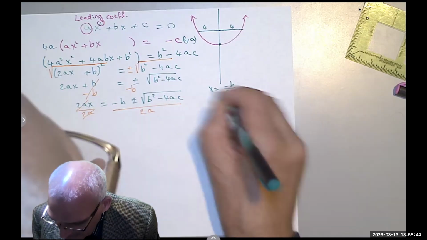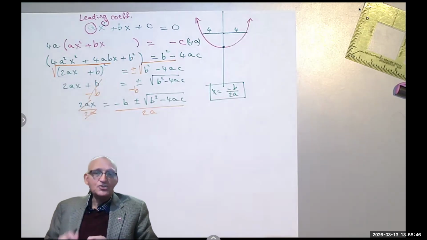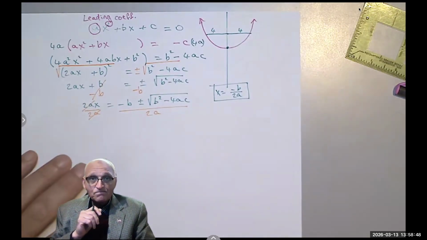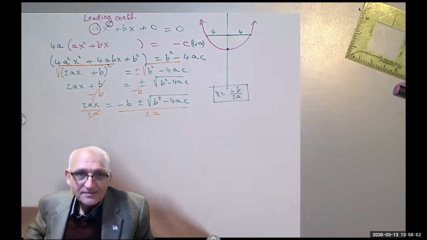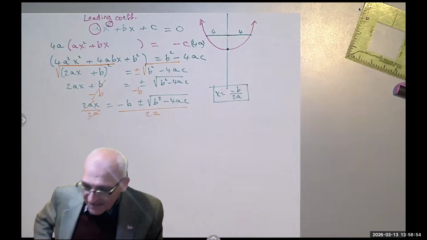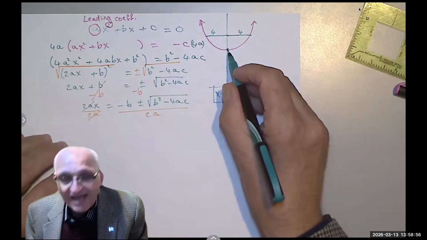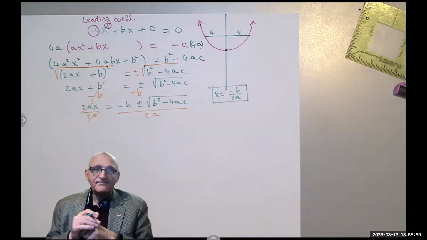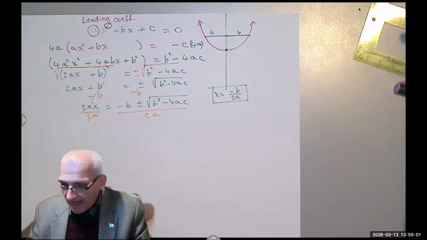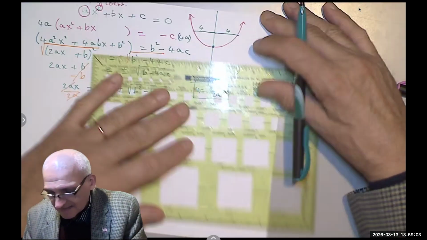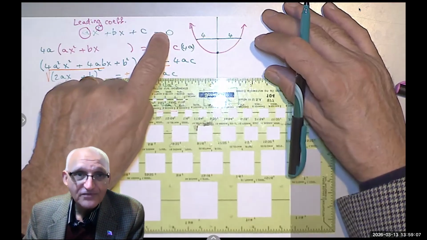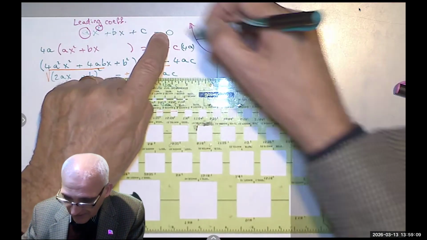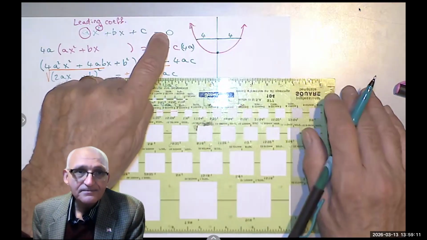It's just very simple substitution, right? So now that's the vertex. When we do that, this vertex has one of 3 cases. It may be above the x-axis. Notice the solution means the point or points of intersection of the parabola with the x-axis.